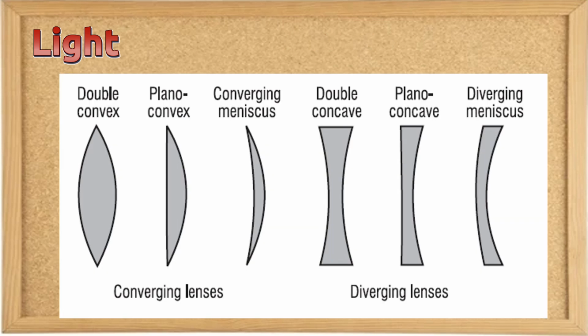Lenses can be shaped into different shapes, and they are made of glass or sometimes plastic. With your converging lenses, we can have your double convex, your plano convex, your converging meniscus, and then for diverging lenses, we have your double concave, plano concave, and your diverging meniscus. But we are going to discuss this one by one.